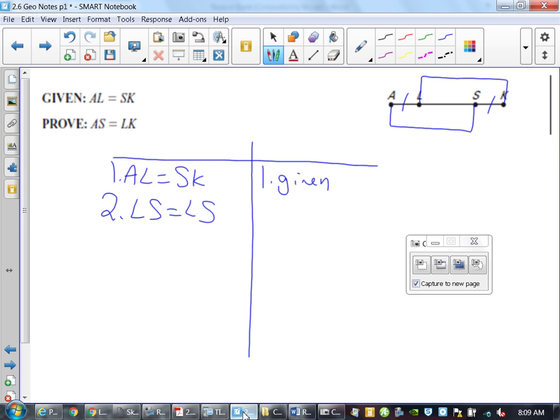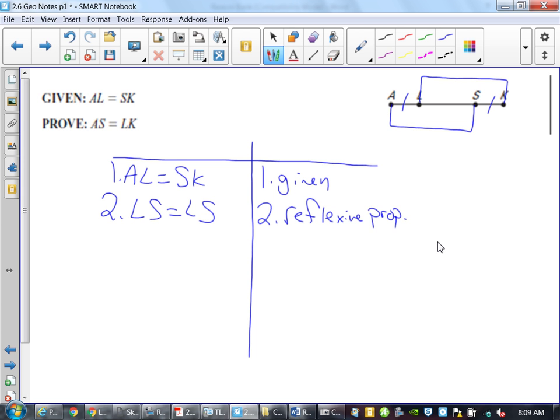This is one of those problems where you have to define that there's something in the middle. This happens with segment addition, and it will also happen with angle addition. If you have two smaller angles that you have to add to show that they equal the bigger one, you have to define that middle portion. This happens all the time. So the property that this works, you are yourself, is reflexive. We okay with that?